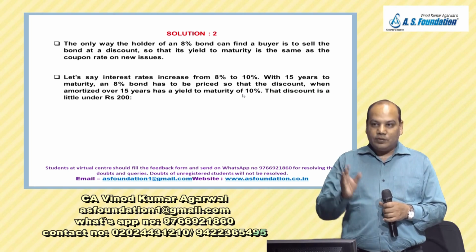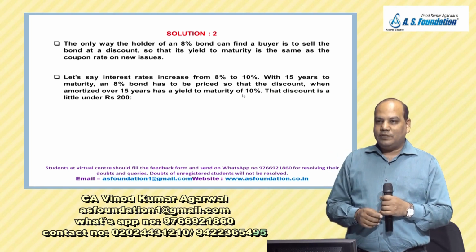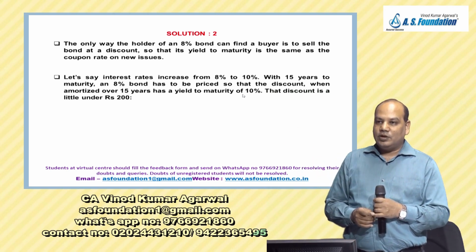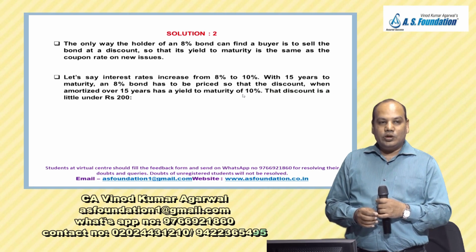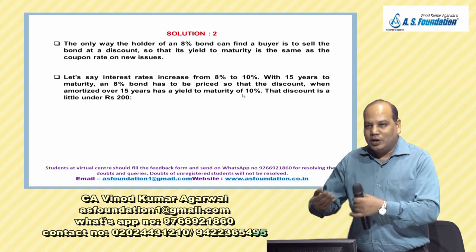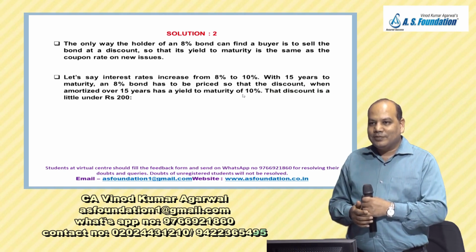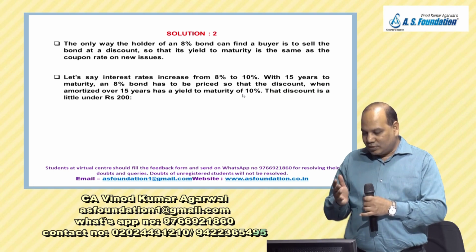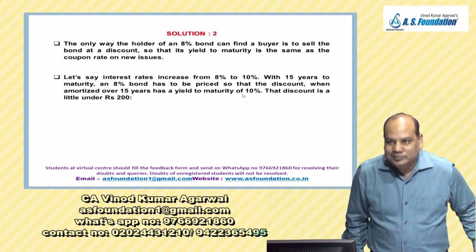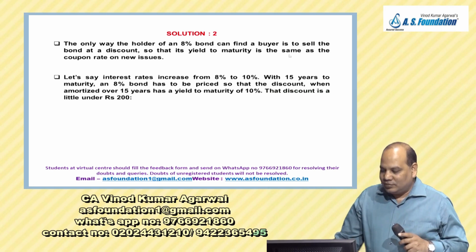In the original question, 5 years was the maturity period left. Here they are explaining with a 15-year example. In the original question, the interest rate has increased from 8 to 9%. And they are explaining with the help of 10%. Is it right? ICI. C stands for confusion. Yes or no?